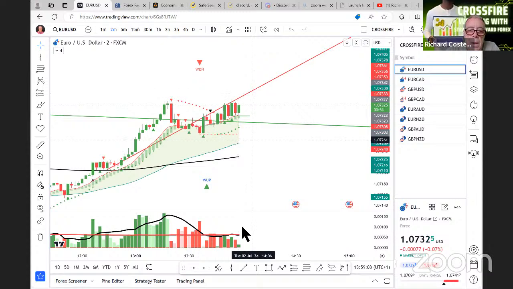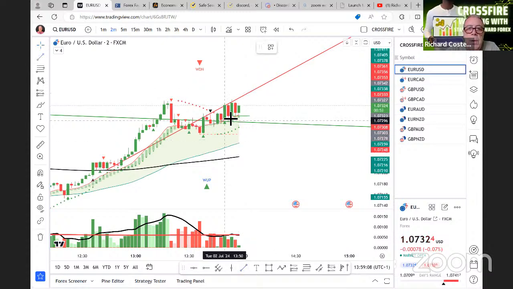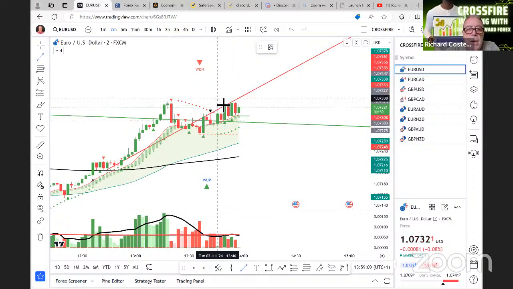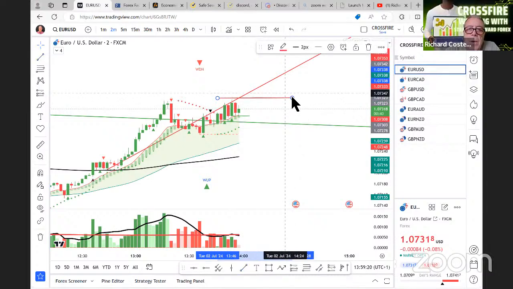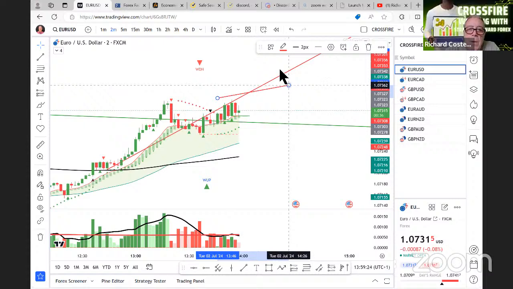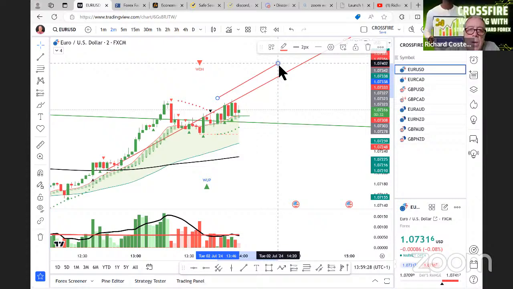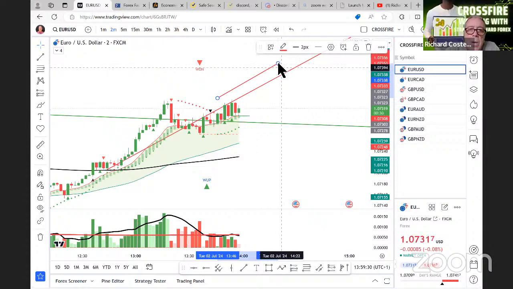So let's just see what we can do. We can put a trend line. Well, no. What I want is, that's very roughly in position.